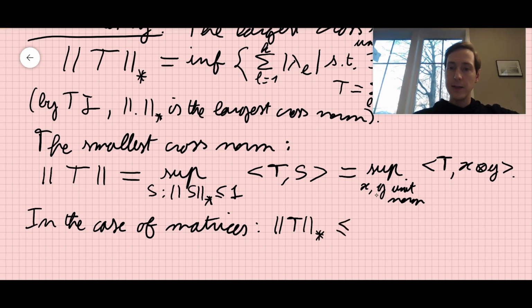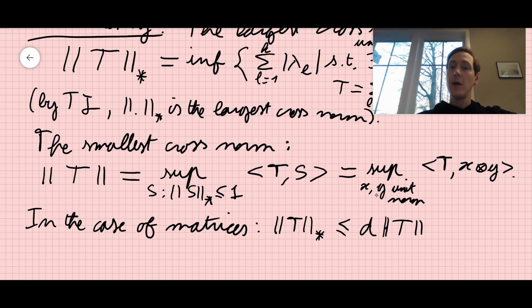Namely, it's always smaller than d times the operator norm. Why is that? It's very simple. The nuclear norm is the sum of the singular values, and there are only d of them, so it's at most d times the max of them, and the max of them is the operator norm, the spectral norm. So we know this inequality by eigen decomposition.